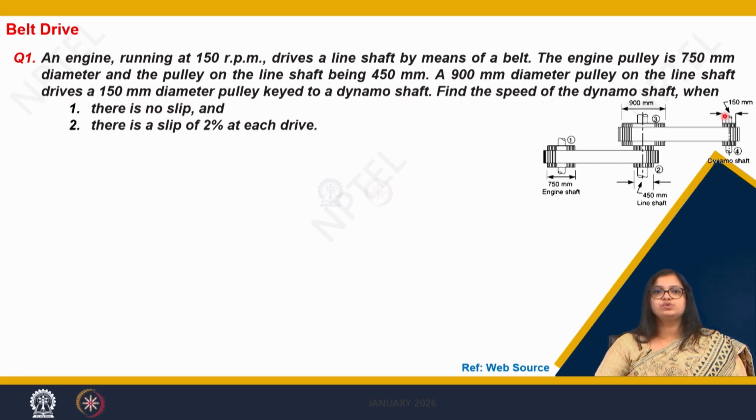The first case is when there is no slip; we have to find the final speed of the dynamo shaft. And when there is a slip of 2% at each drive, from engine to line shaft and from line shaft to dynamo shaft, what is the speed of the dynamo shaft? Let us try to solve this problem.